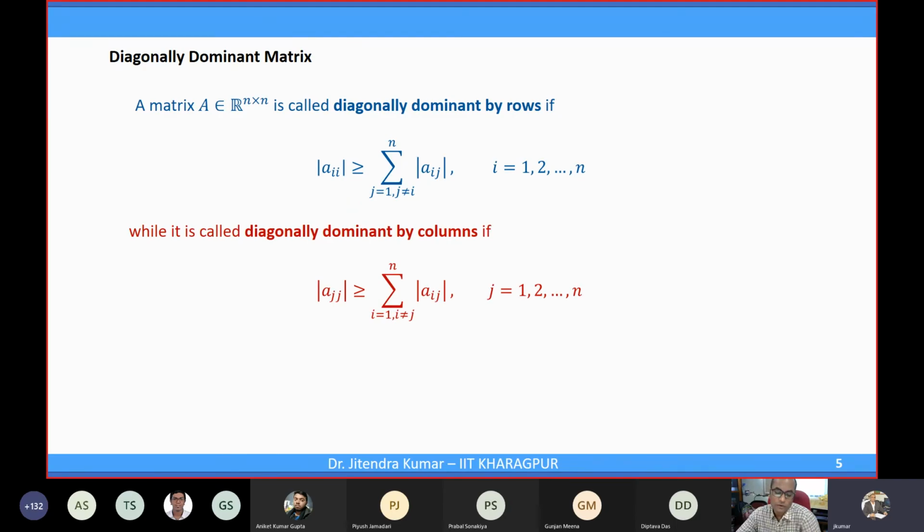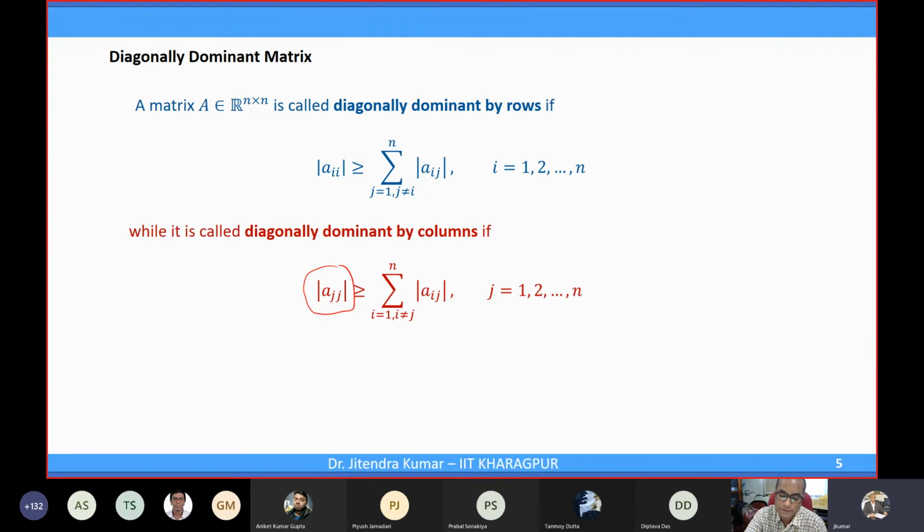You can also define diagonally dominant by columns. A similar thing happens here, but now you are adding the columns. So a_jj, those diagonal entries, and we are adding the modulus, the absolute values, of the column entries.